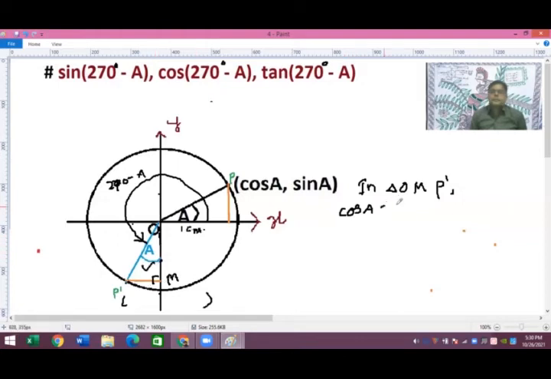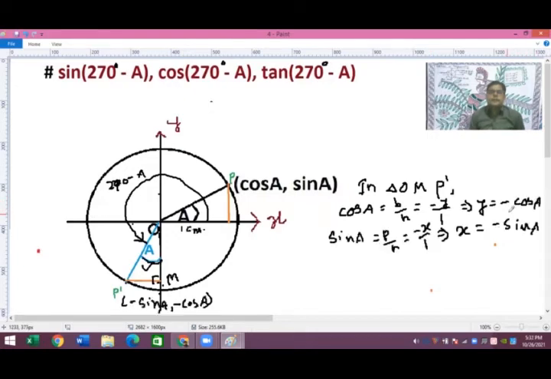So cos A is B by H, and the hypotenuse is the radius of the unit circle again, so the hypotenuse must be 1 here. So for this angle A, the base is OM, and OM is along the Y axis. So what you can write here is minus Y. So the Y coordinate is, after taking minus to the other side, this is cos A.